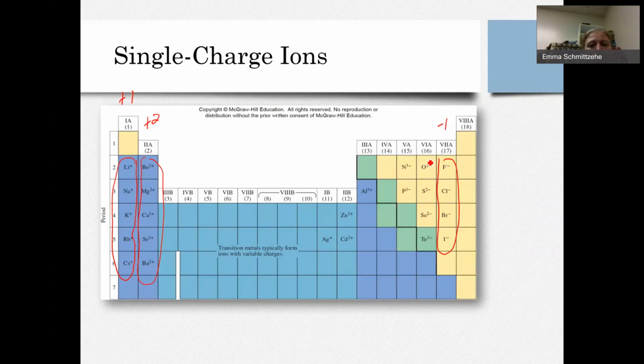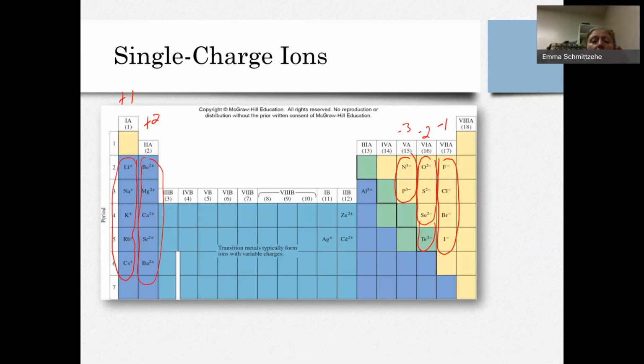And then all of the ones one over from the halogens, even this semi-metal, has a -2 when it forms an anion. And then when you're 3 over from noble gases, then you have -3 charges. So you can see patterns on the periodic table of these charges. And since those are all monatomic anions, you name them with the element name with an "-ide" ending, and then the word ion.